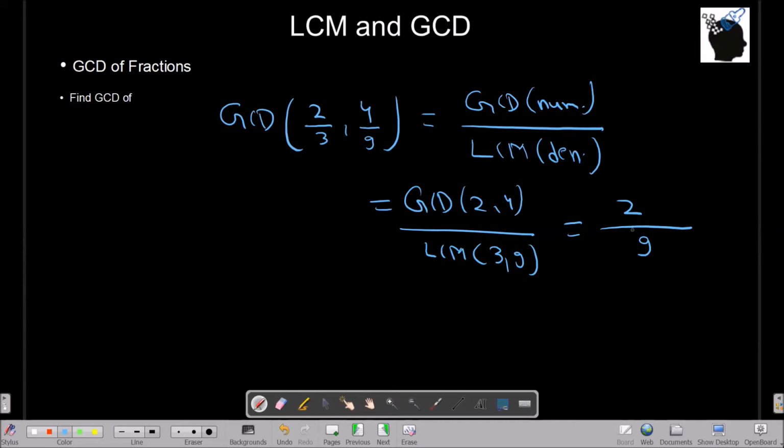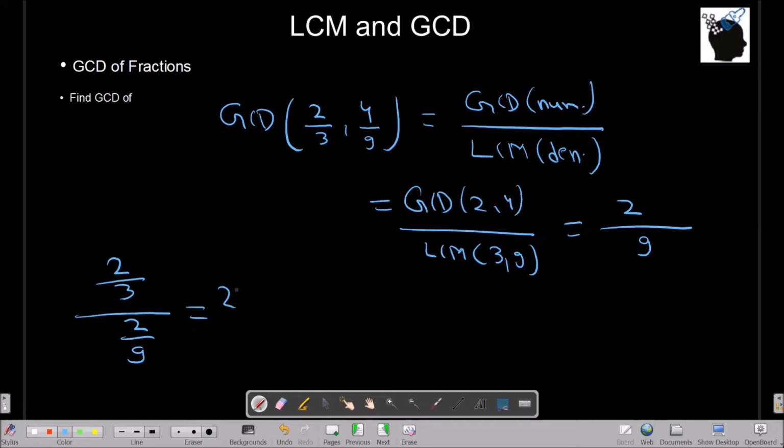Now remember one thing, GCD of two numbers is always a factor of those two numbers. So if I try to divide those numbers by their GCD, I should always get an integer. So let's do a quick check whether our GCD is right or wrong. Let me go ahead and divide 2 by 3 by the GCD of 2 by 3 and 4 by 9, which is nothing but 2 by 9.